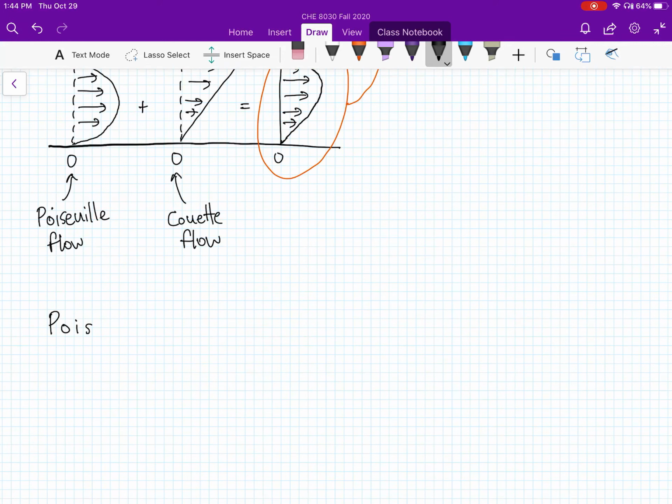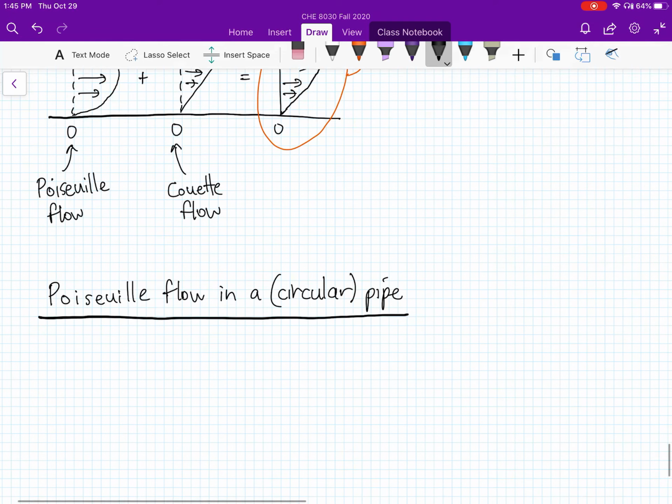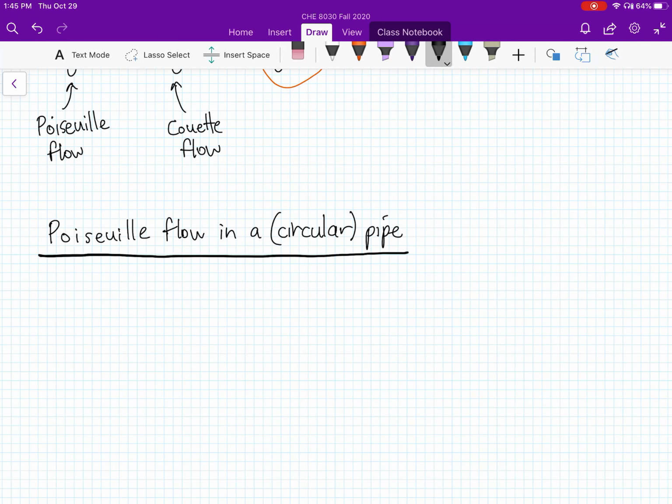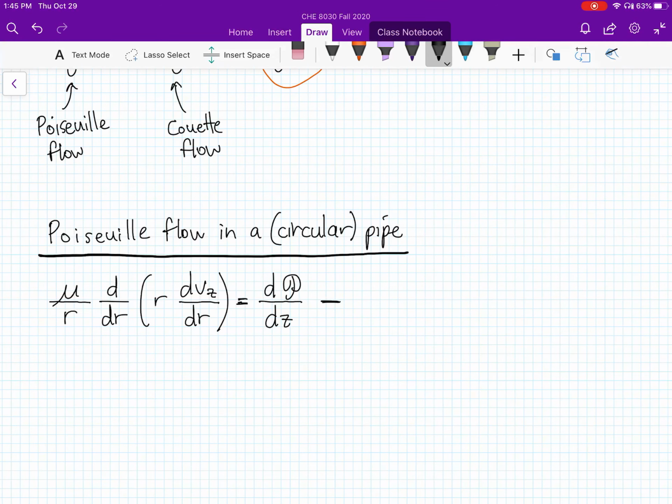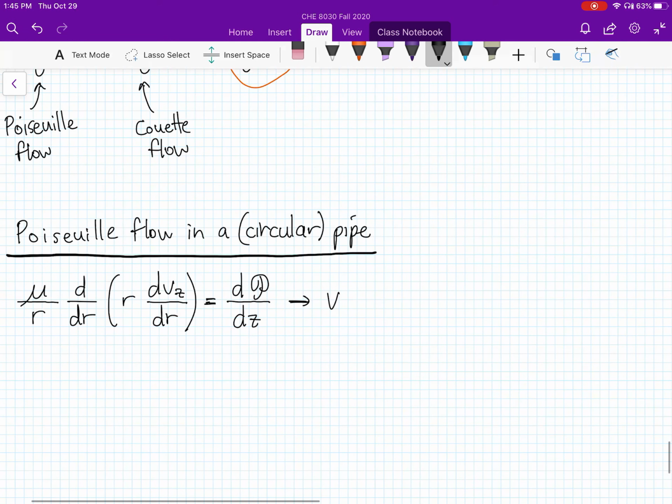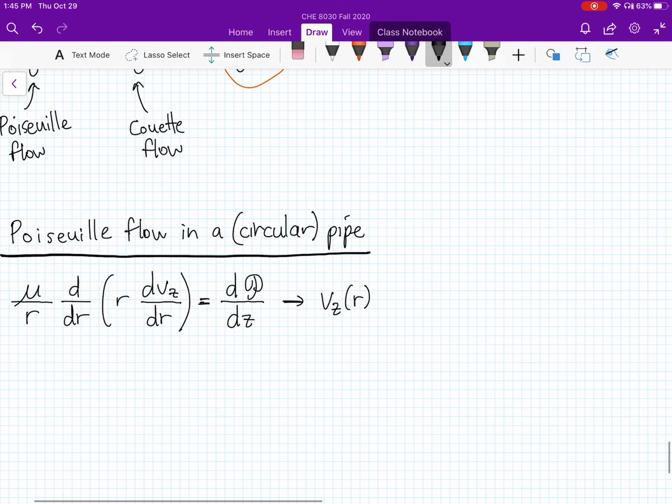So if we had quasi flow in a circular pipe, the governing equation for that, assuming we have 1D flow, is going to look something like that, which we can solve to obtain a velocity profile for the z component of the velocity as a function of r.